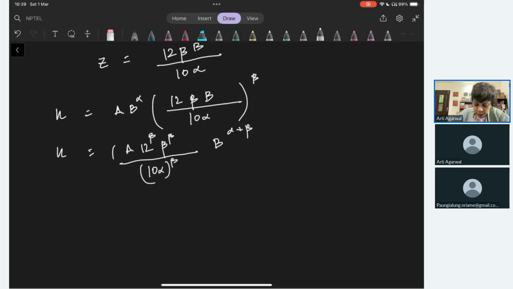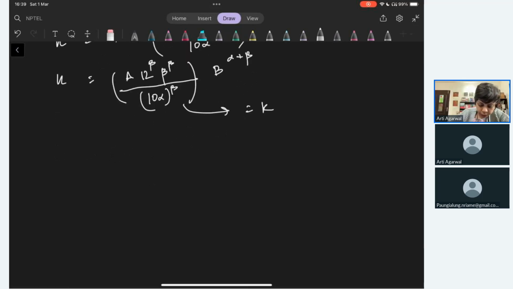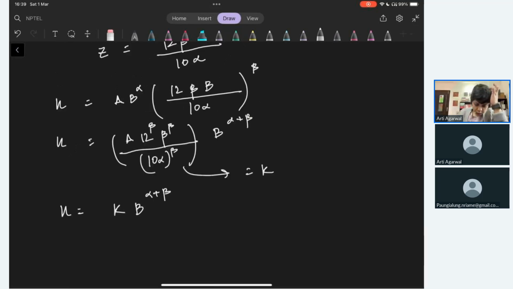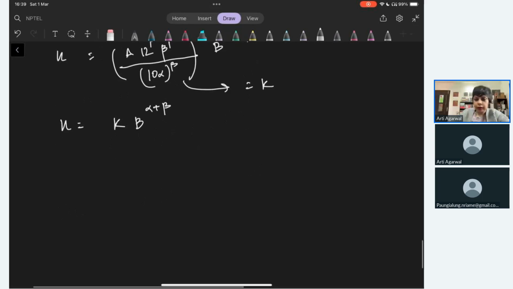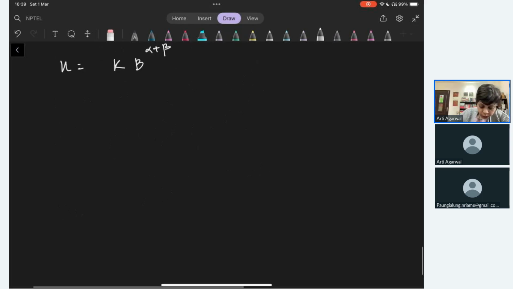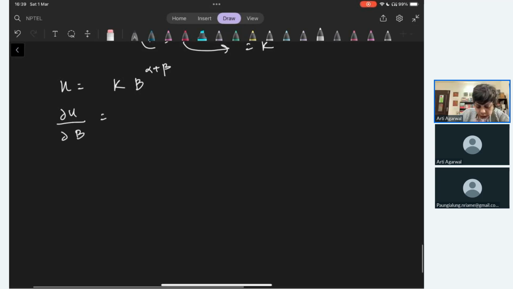This whole thing, let's say this is equal to K. So we can just write this expression as K times B to the power of alpha plus beta. Okay. So it's a slightly ugly algebraic expression, but we take the partial derivative.